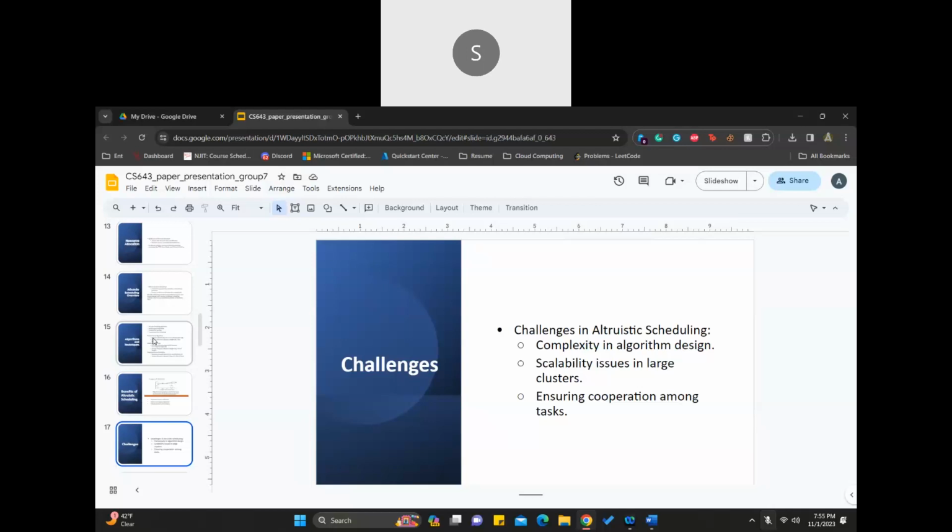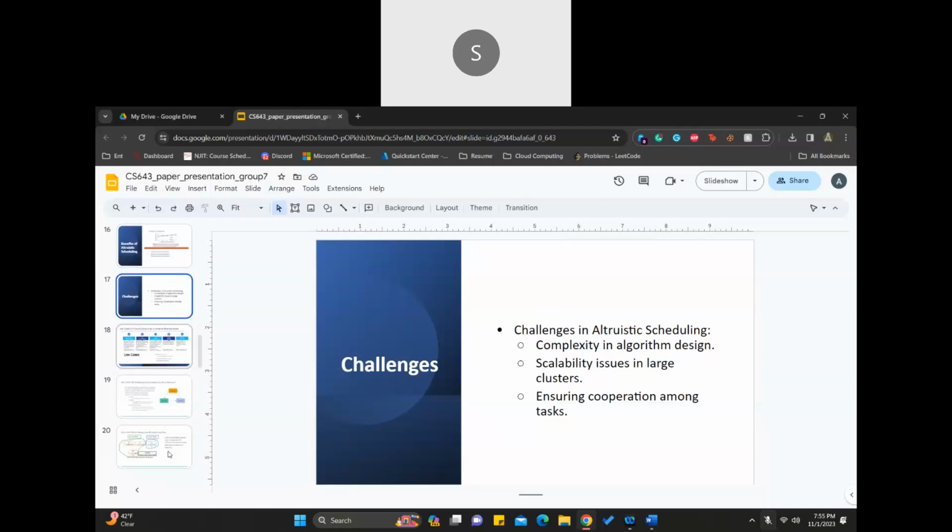So designing altruistic scheduling can be complicated because it's not easy to make the system. When you have a really big system or group, making it grow without problems becomes a challenge.